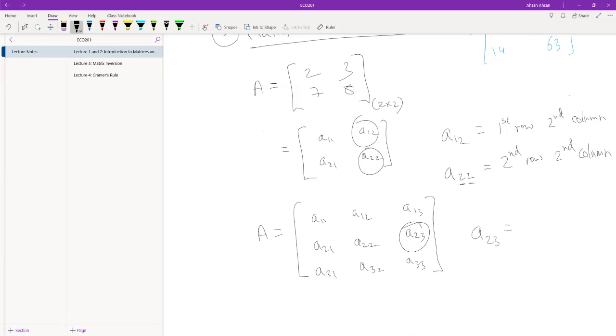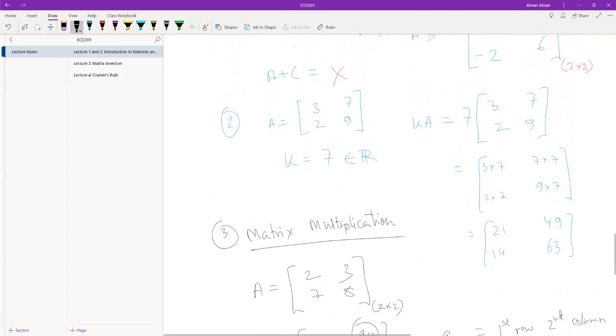A23 is the element that can be found on the second row and the third column of the matrix. So this is how you identify unique elements.